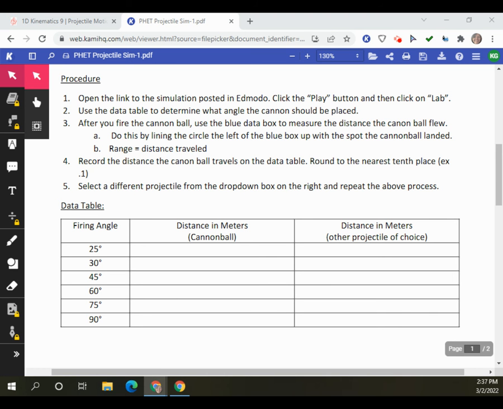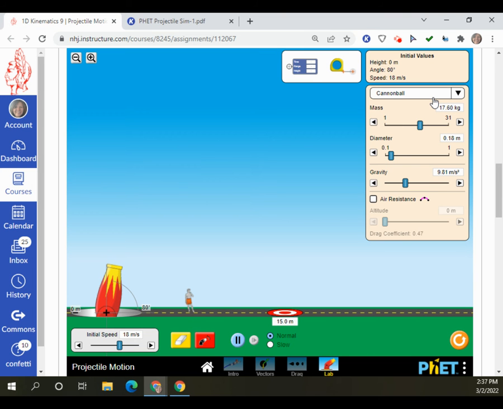Sorry for that interruption. Let's go ahead and continue with our walkthrough. So we have firing angle, 25 degrees, 30, 45, 60. We have our cannonball selected. We want our angle to be 25. So there's 74.